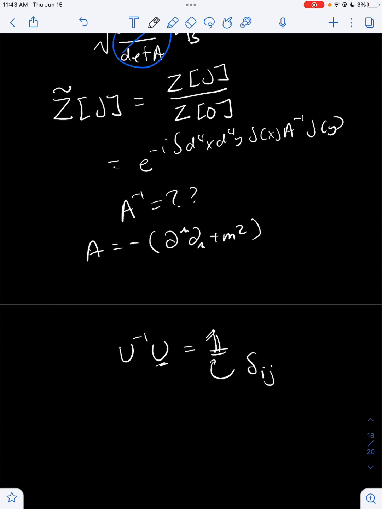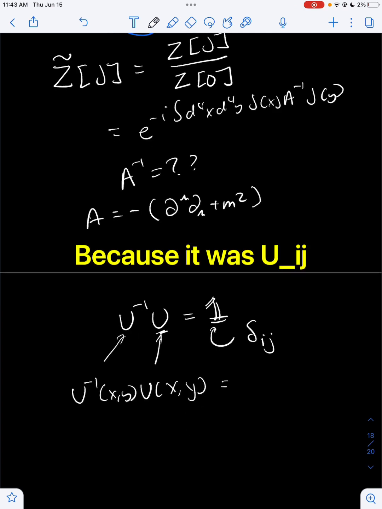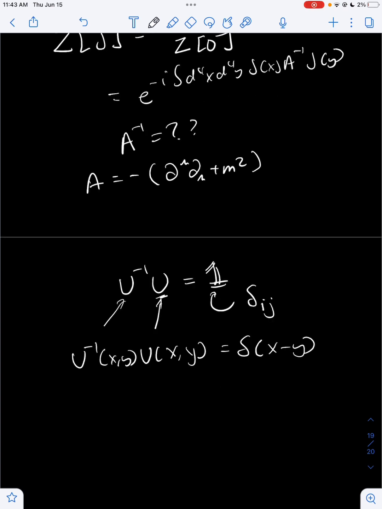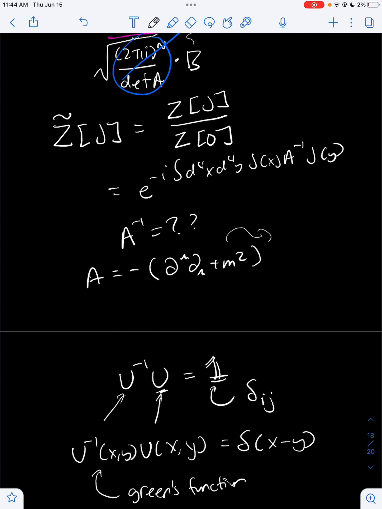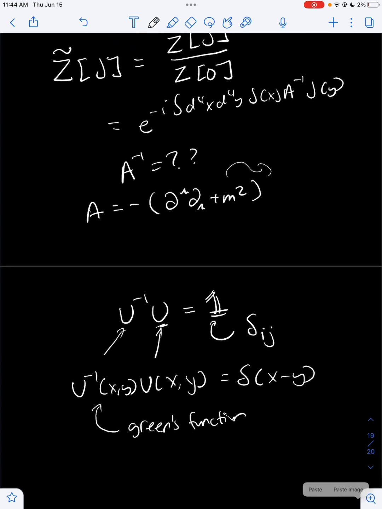Now if we replace the discrete vectors and matrices with actual continuous functions, U is going to turn into U of x, y, and it's going to give us delta of x minus y. And this over here implies that the inverse is just a Green's function. So basically, what this is saying is that the inverse of the differential operator is just some sort of function that's a Green's function of the differential operator.